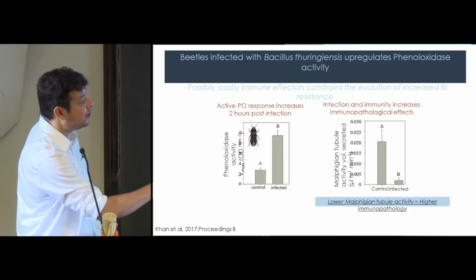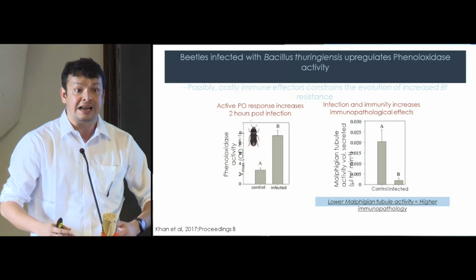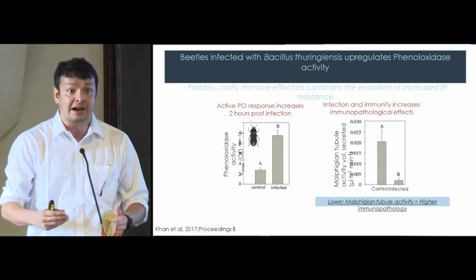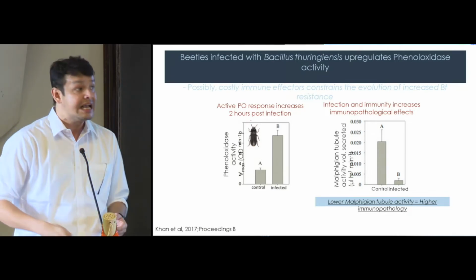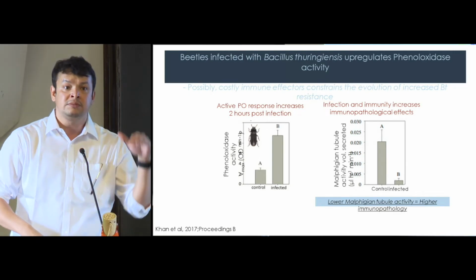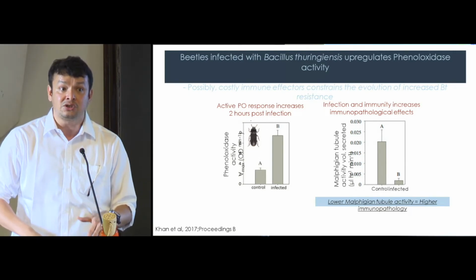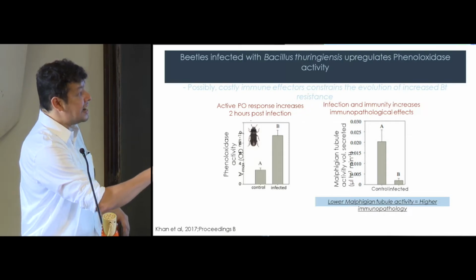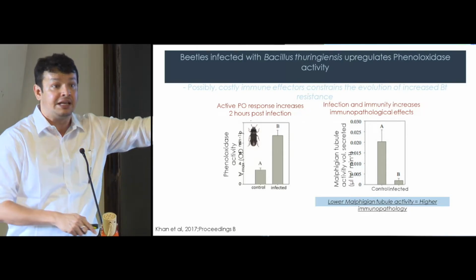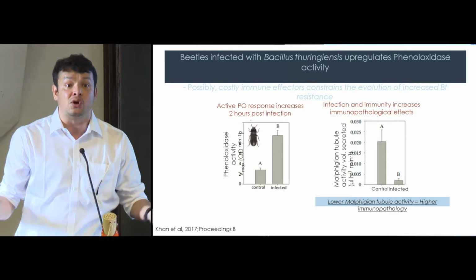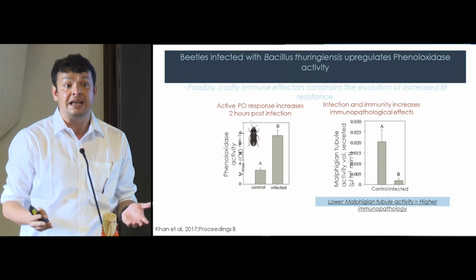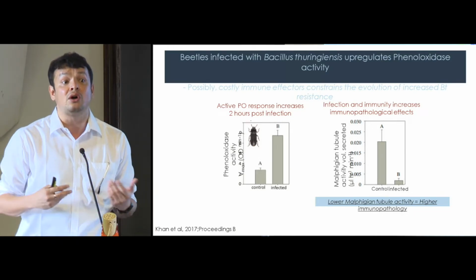So this is Malpighian tubule activity, which is their kidney activity. And it seems that after infection and after inducing the phenoloxidase response, their kidney function takes a pitfall, right? So it looks like any stronger expression of phenoloxidase activity could make them completely non-viable. So this is possibly the reason why BT selected lines did not evolve.